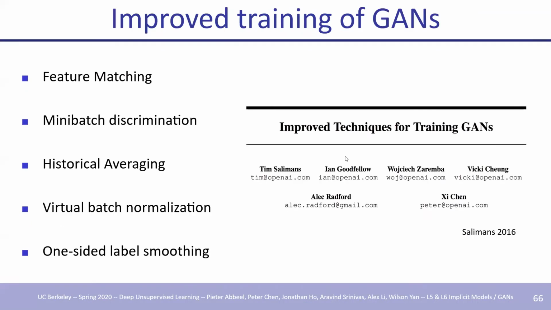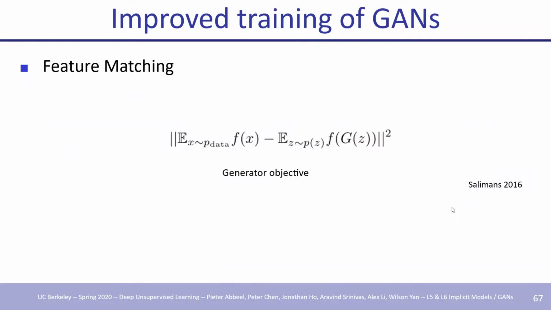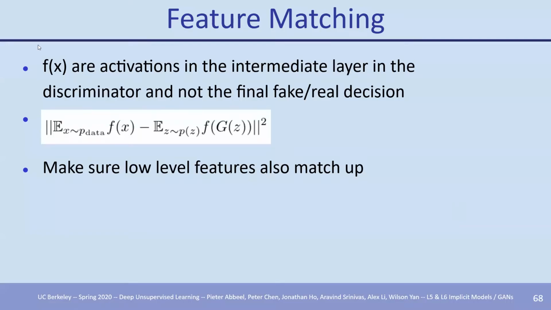Okay. So the first is some techniques from this paper called Improved Techniques for Training GANs from 2016. This is called feature matching. This is the equation I copied over.